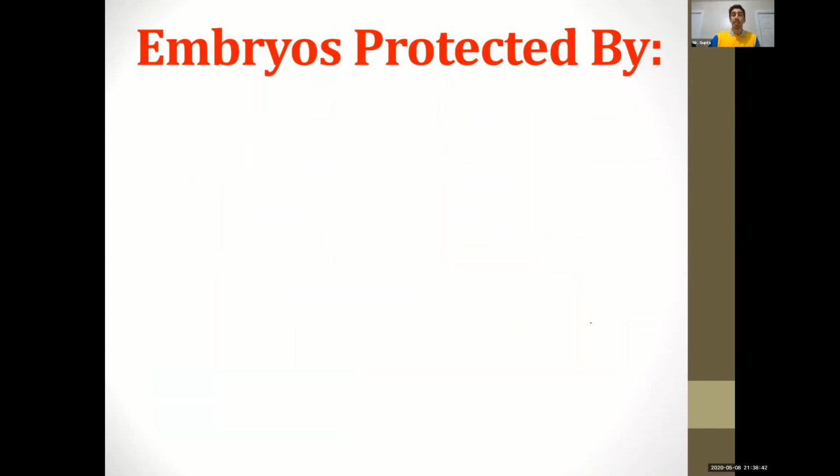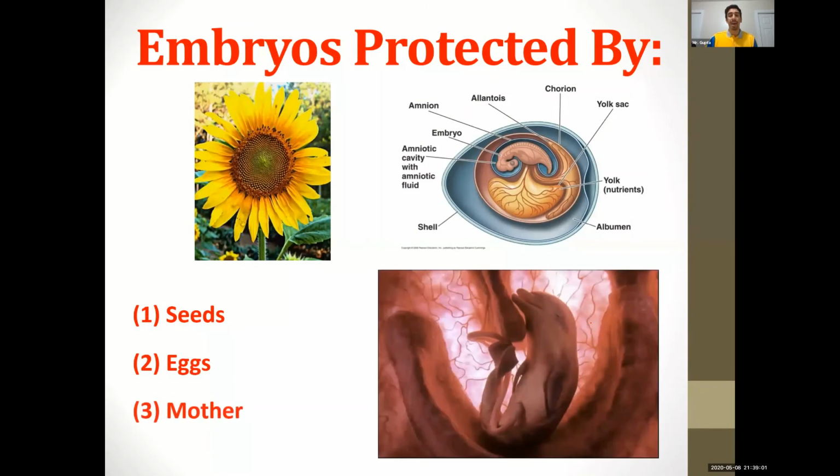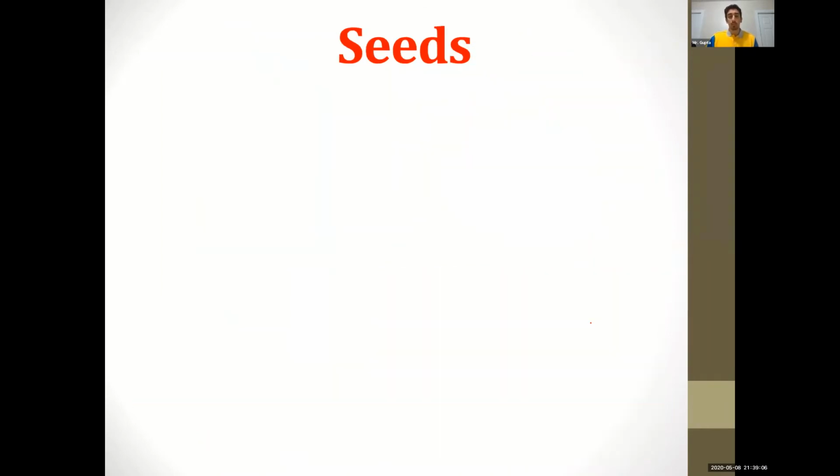So there are three ways. Once fertilization occurs, a zygote is created and the embryo is formed. And now the question is, how is that embryo protected? There are three ways an embryo can be protected. There are more than three, but here are three ways. Through seeds, through an egg, and finally, by the mother itself. So, seeds.